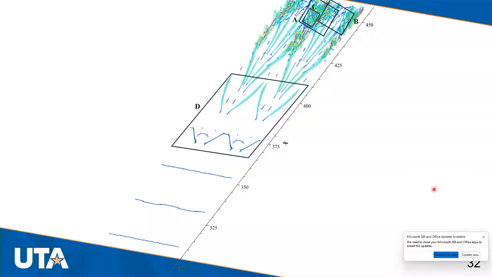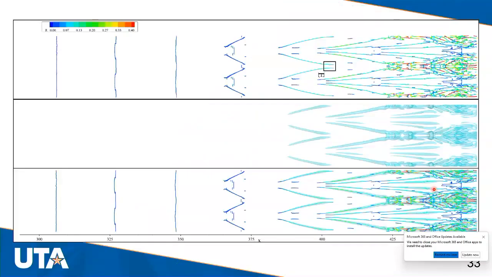Actually here you can find more detailed vortex structures, but I do not show them in this figure. And this figure gives you a top view of that result. The structures are very clear, and you can see where the rotation is stronger and where the rotation is weaker.